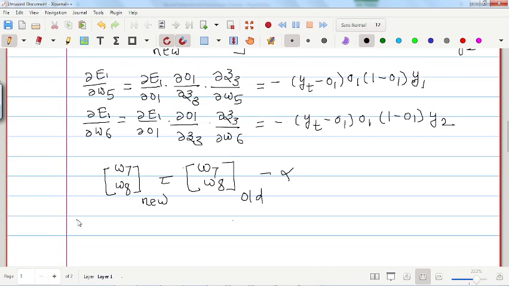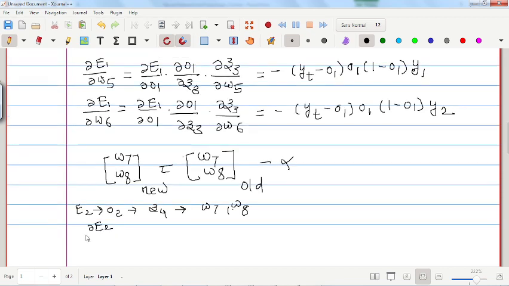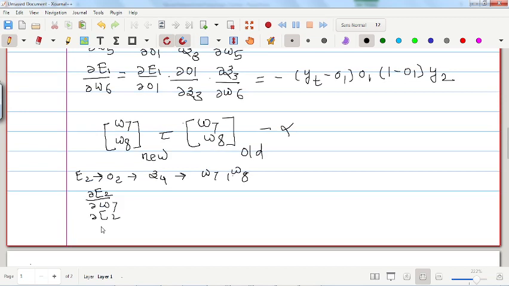So let me write down the chain so that I can write down the derivatives. The chain we have is E2, a function of O2, O2 is a function of Z4, and Z4 is a function of W7 and W8. So if I write the derivatives, del E by del E2, del E2 by del W7 and del E2 by del W8, both of these derivatives we will find out simultaneously.